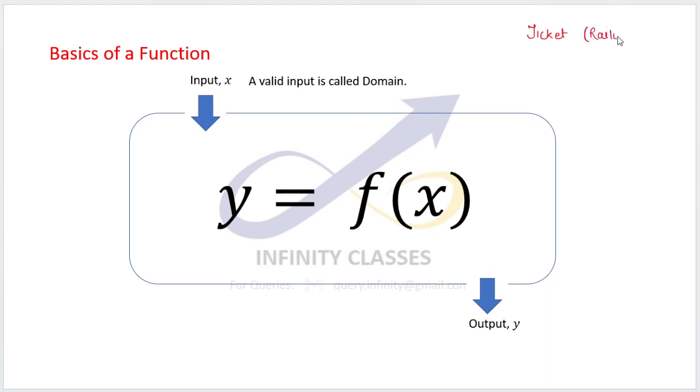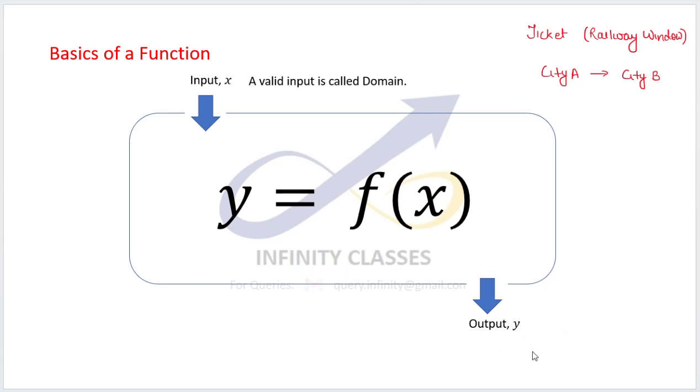You are in your city, say city A, and you want to go to city B. As soon as you go to the window and ask for city B, the ticket generator collects the input and tells you the output.